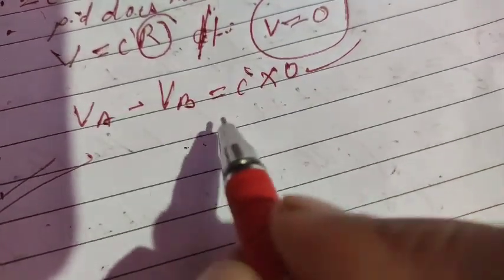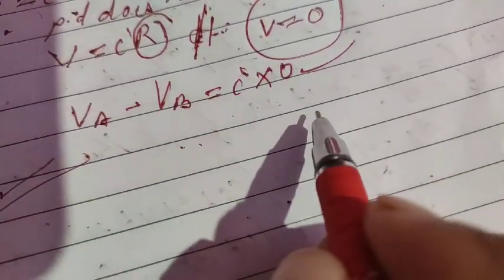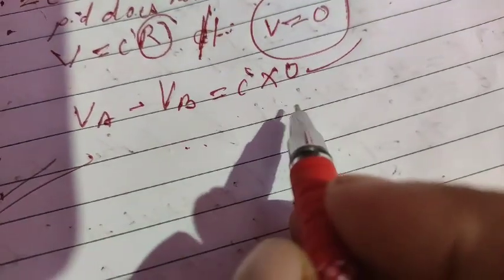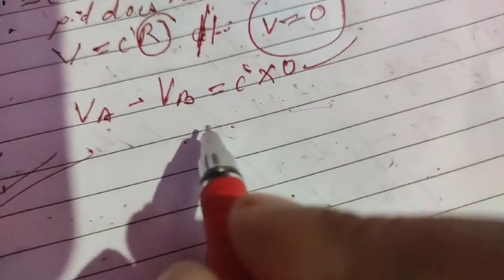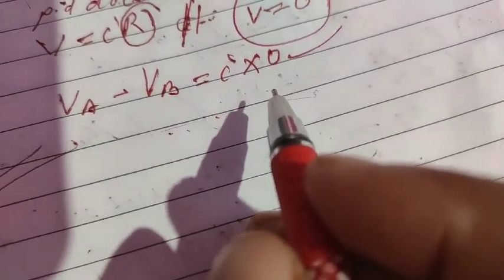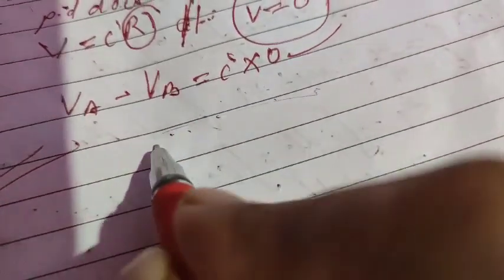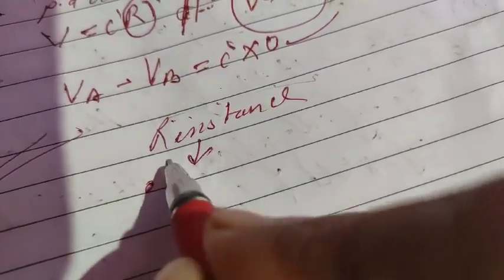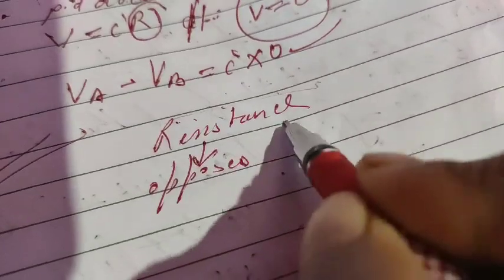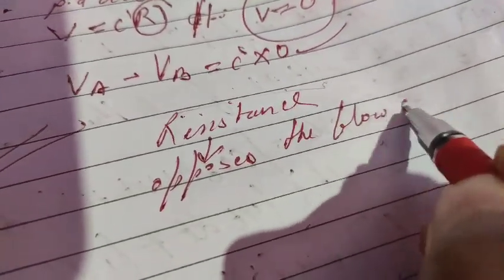The electrons are uniformly moving, there is no collision. As there is no collision, there is no heat generation, and no one is there to oppose the flow of current. So resistance's work is to oppose the flow of current.